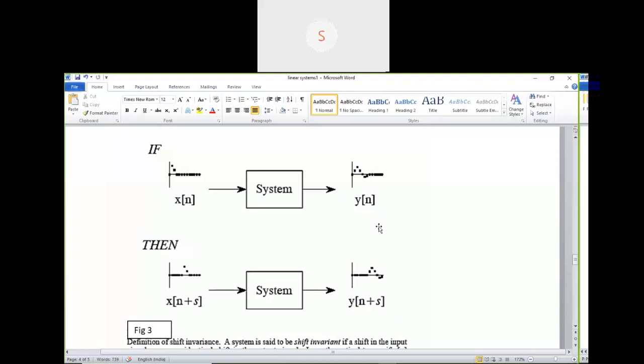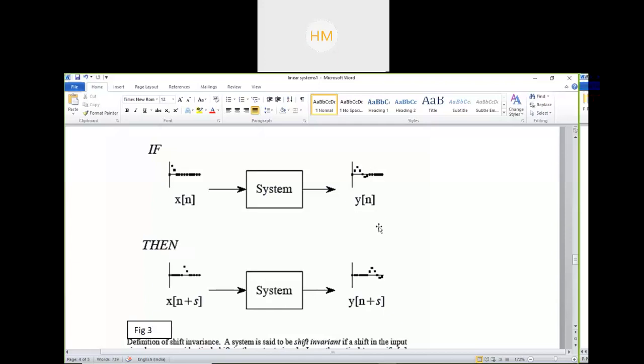Ma'am, I was saying that when we pass a certain signal through the system, we see a variation in that particular signal. It shifts a little bit from its actual position.